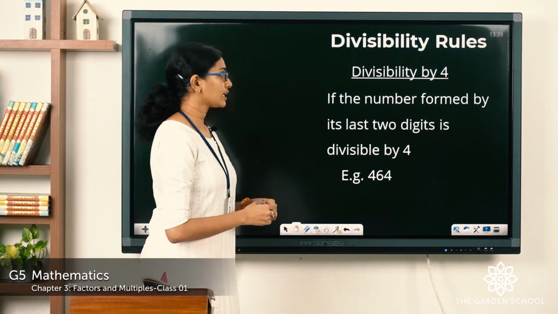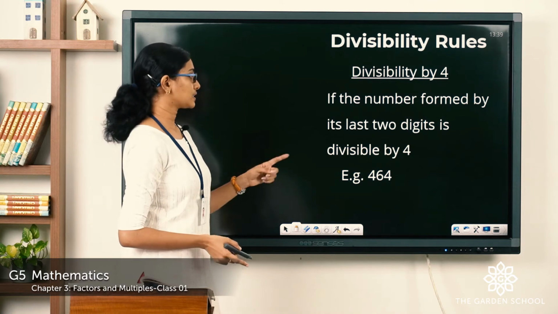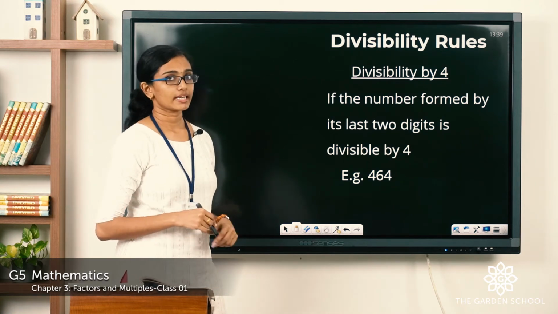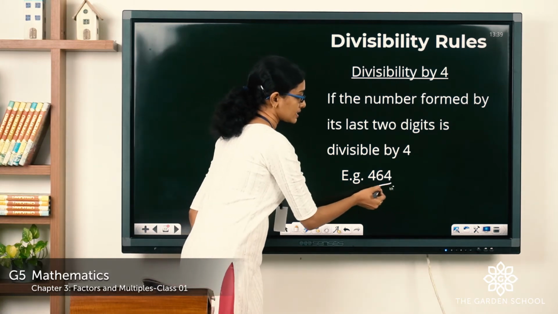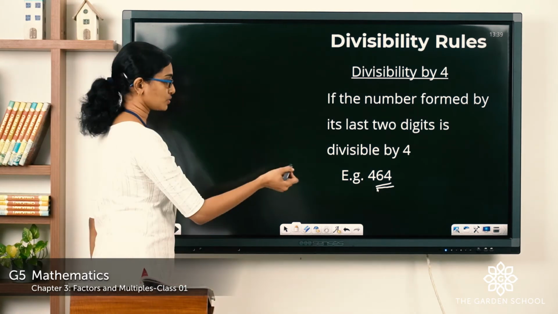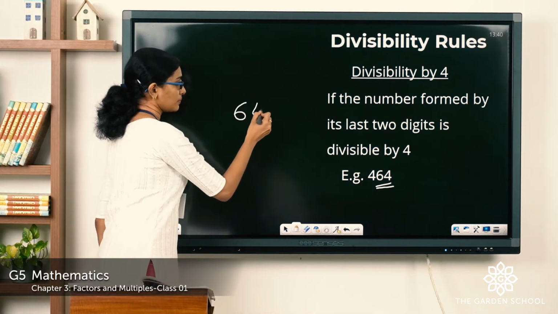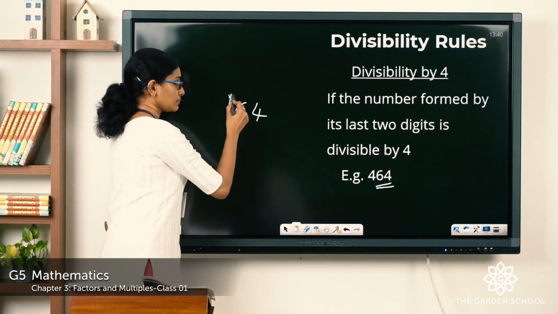Now, let's see the next rule, divisibility by 4. It says that if the number formed by its last two digits is divisible by 4, we can say the given number will be divisible by 4. See, it's a 3-digit number here. And which are the last 2 digits? The last 2 digits are 6 and 4. So the number formed is 64. Let's see if 64 is divisible by 4.